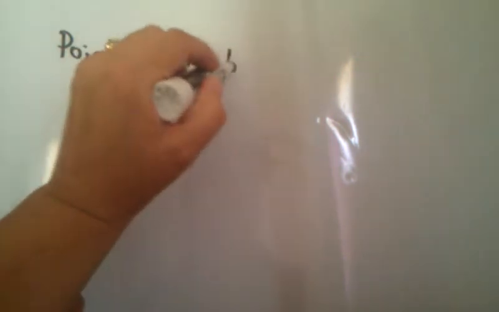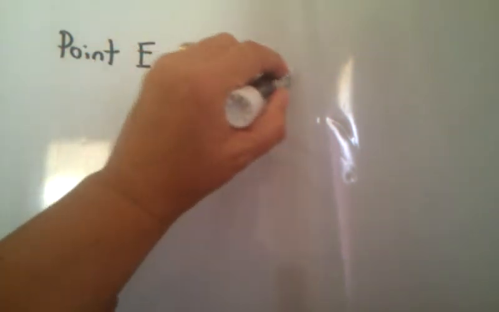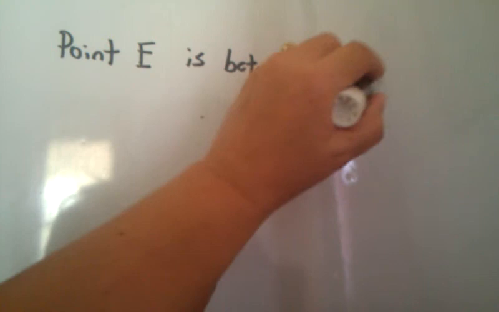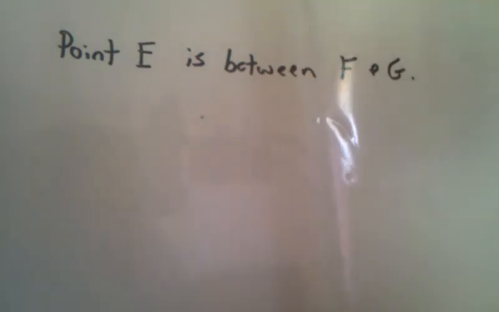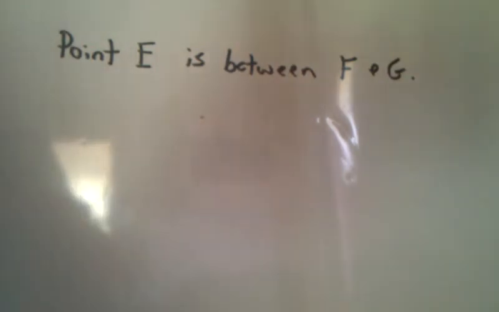If I said point E is between F and G. That way you remember what I said. Okay. Now I want you to write an equation that follows from this fact. Okay.